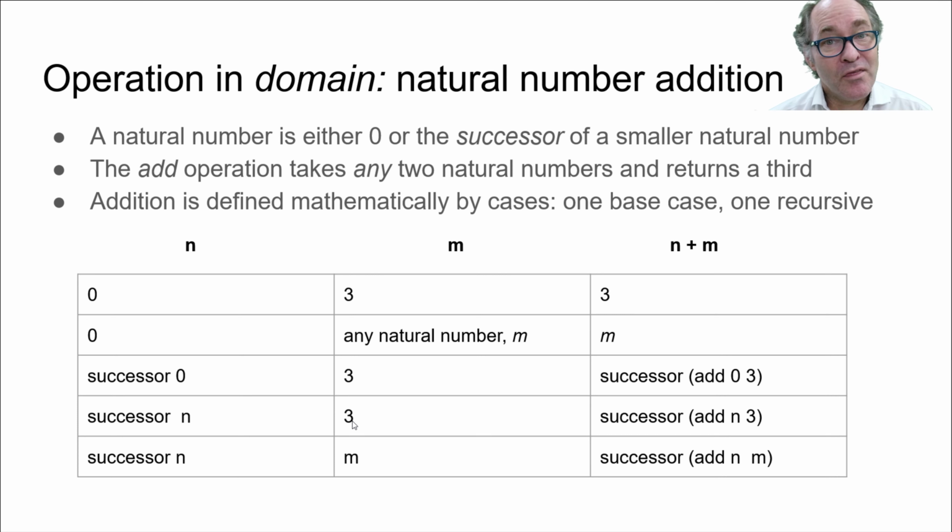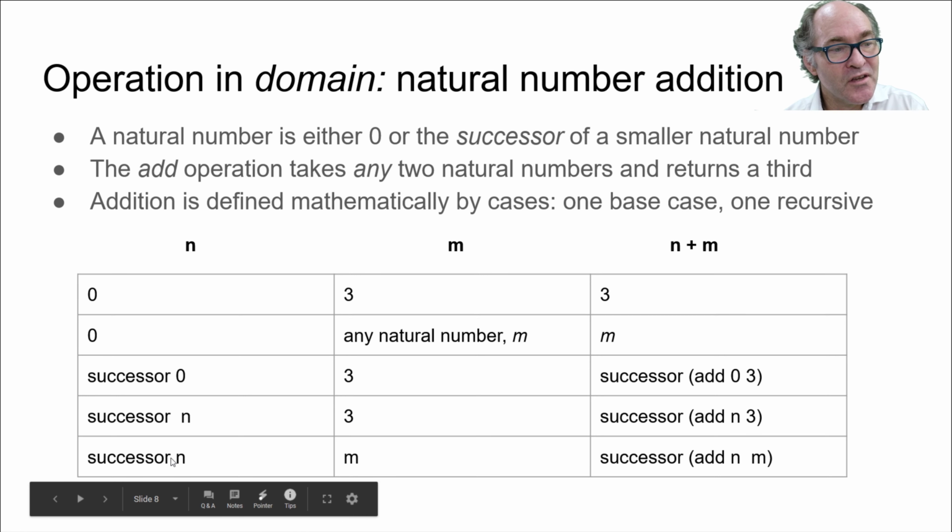The way I add n and 3 is I see first if n is 0, and if it is, I just return 3. Otherwise, I compute the sum of n minus 1 and 3 and add 1 to that. And so each time through this sort of loop, I'm peeling 1 off of the first argument, computing the sum of the remaining two values, and then taking the successor of that. Okay, and that leads to the second key rule for doing addition.